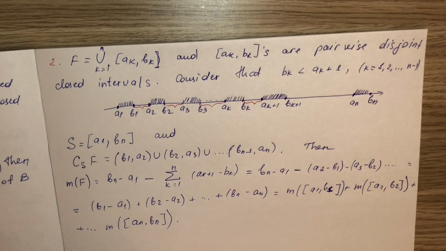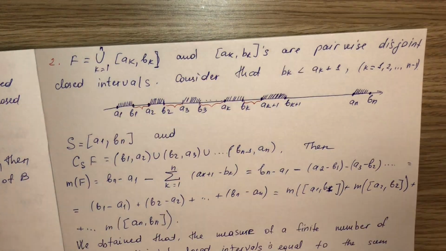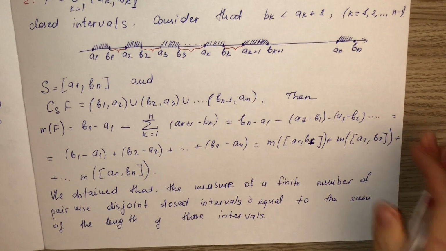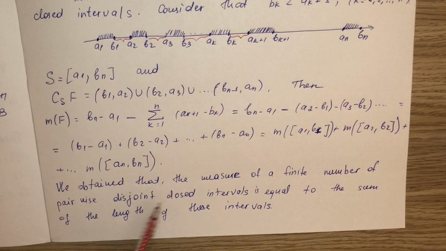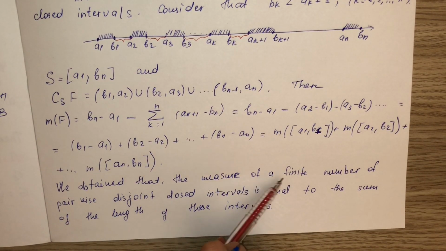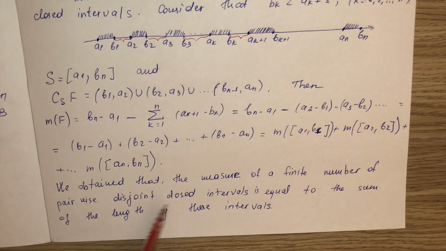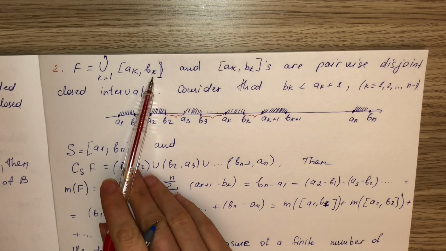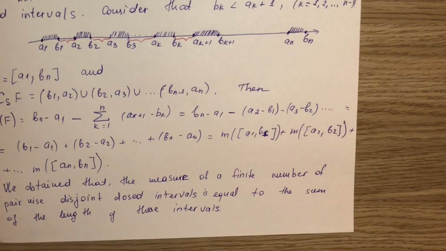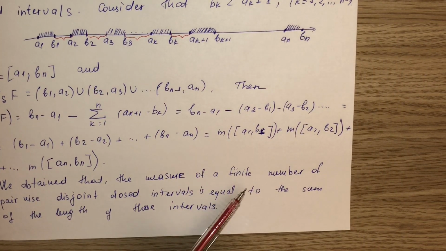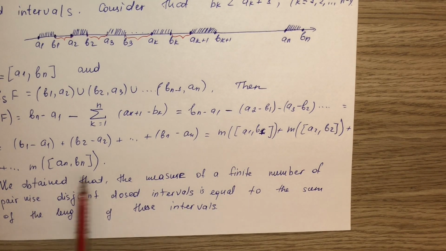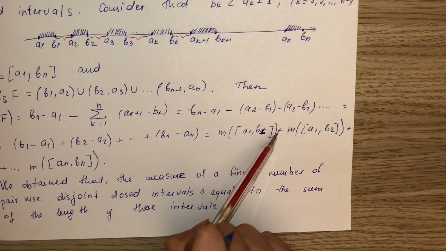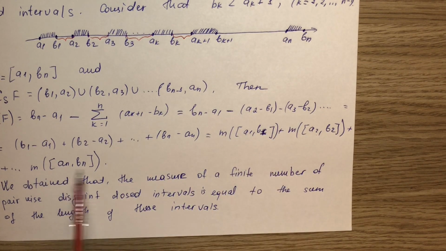So this is our other example, and we obtained that the measure of a finite number of pairwise disjoint closed intervals is equal to the sum of the lengths of these intervals. Yes, the lengths of these intervals.